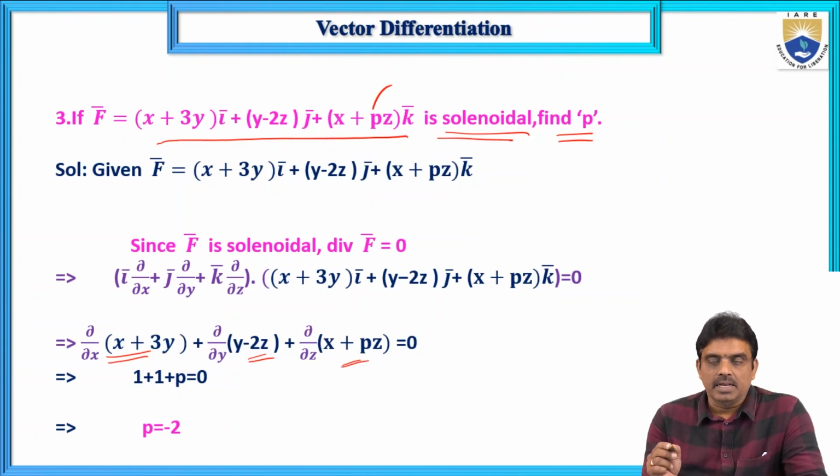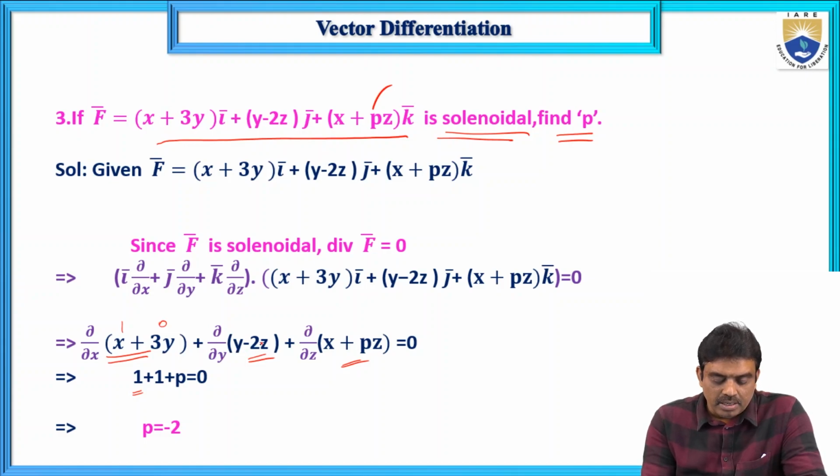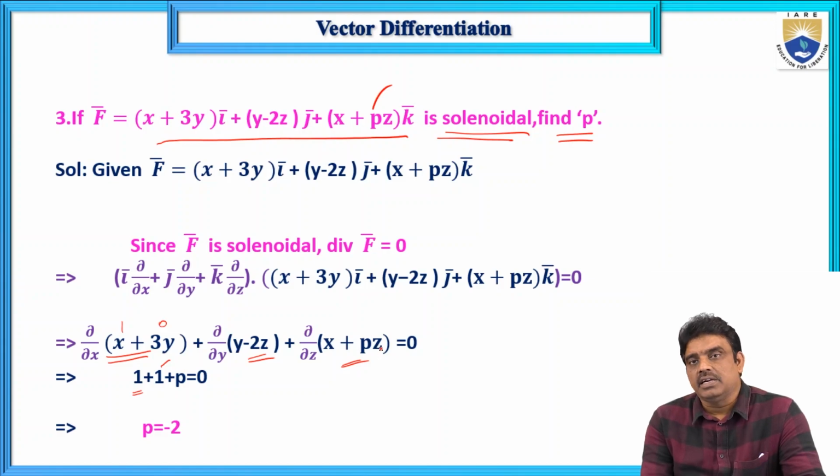On differentiating partially, dou by dou x of this entire term is 1, the x derivative is 1 and the y derivative is 0. So totally it is plus 1 only. Then dou by dou y of this entire term is 1, and this is 0. So you get 1 as the final value. Dou by dou z of x is 0, and with respect to z, the z derivative gives the value p.